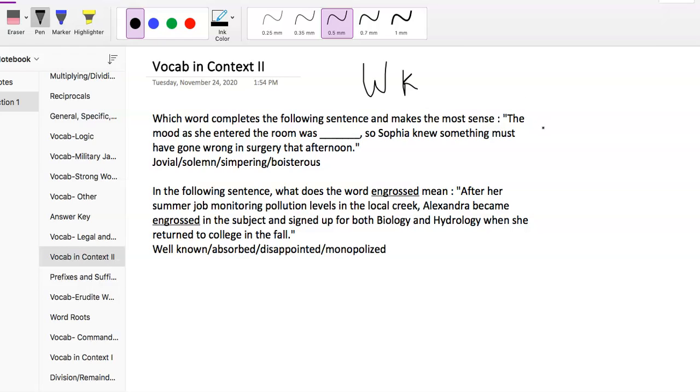The mood as she entered the room was blank. So we're talking about some type of mood. Sophia knew something must have gone wrong in surgery that afternoon. So a mood about something that's gone wrong. Your first thought is bad.